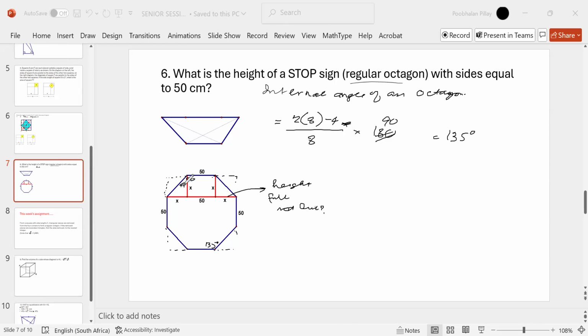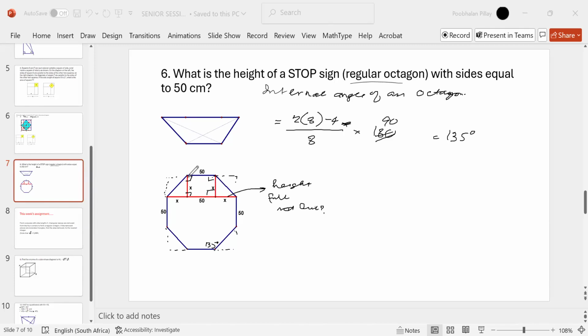Okay, maybe that's not the right way to argue it, but you can take it as read that when I'm dropping a perpendicular here, these lines are parallel.